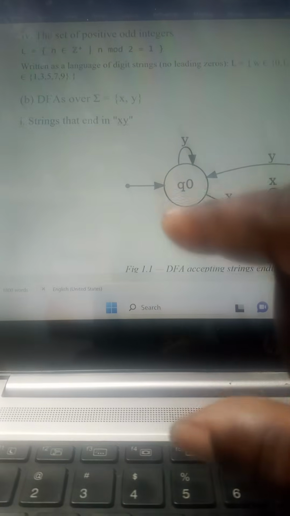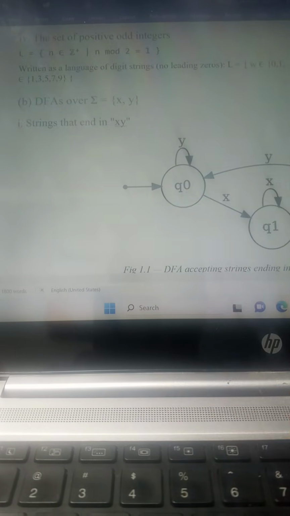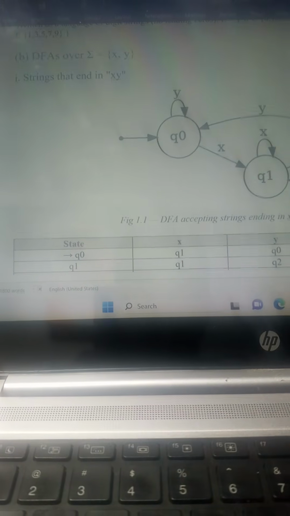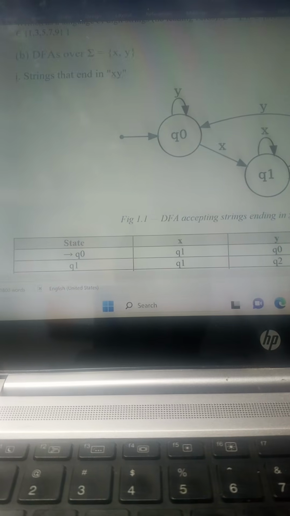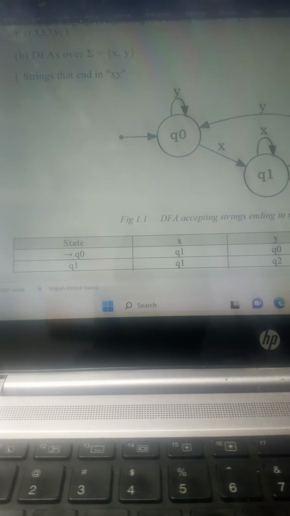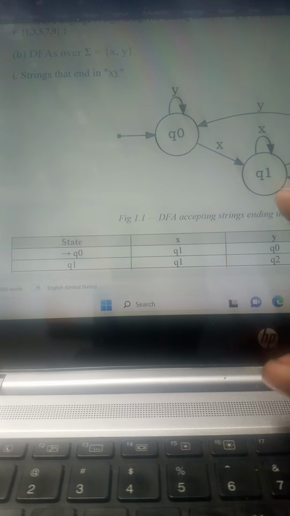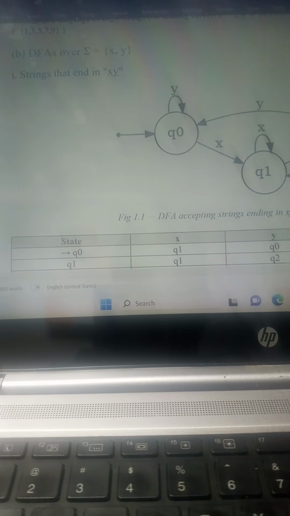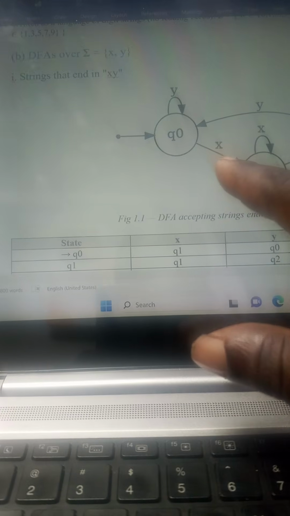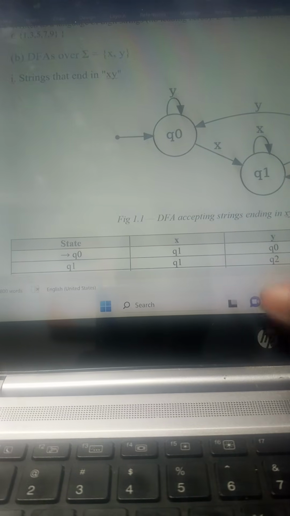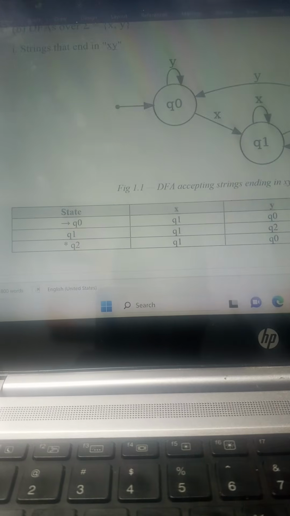Next is the DFA over the alphabet X and Y, for strings that end in XY. The DFA diagram is already explained in a way that you understand. We have Q0, Q1, and Q2, and the arrows show where it returns and where it goes back to.